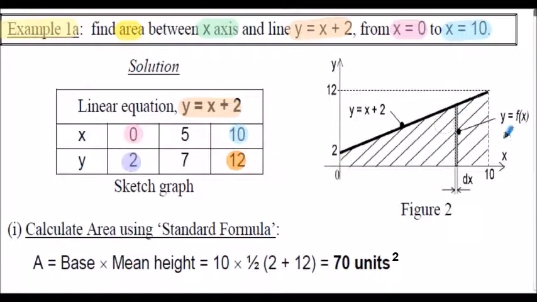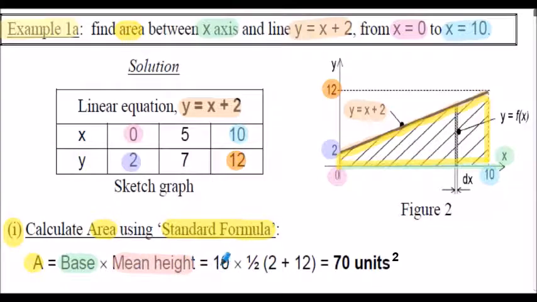Figure 2 here shows the line sketched. And the question wants us to calculate the area of the shaded region, outlined in yellow here. So initially, to calculate the area, we're going to use the standard formula. So area is equal to the base of our trapezium multiplied by the mean height.